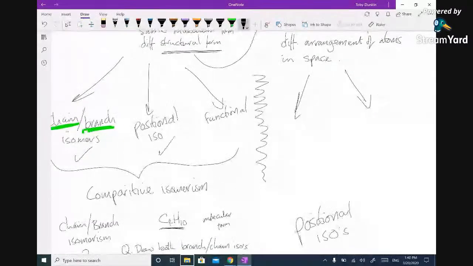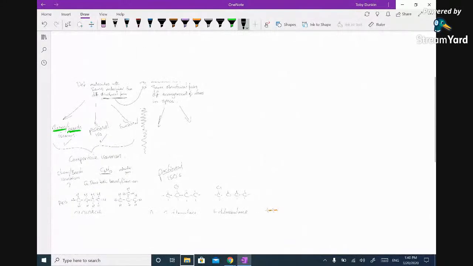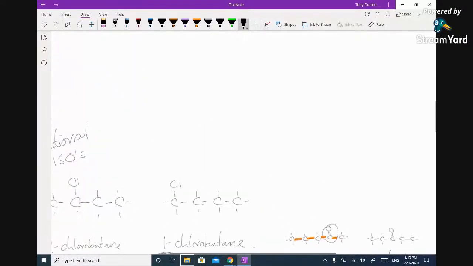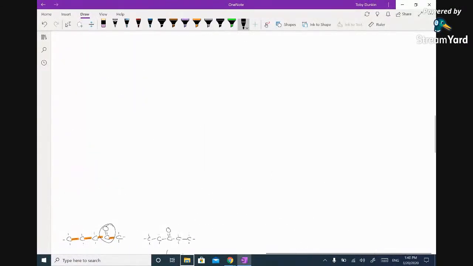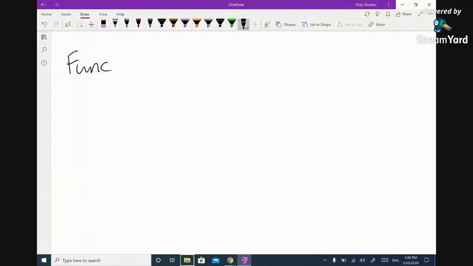Right, now we get to functional. So, okay, so this one, of course, functional isomerism. I will add this up here. Functional isomerism. I'm going to make my pen a little bit thicker at this point. Let's go for that one. Functional isos.